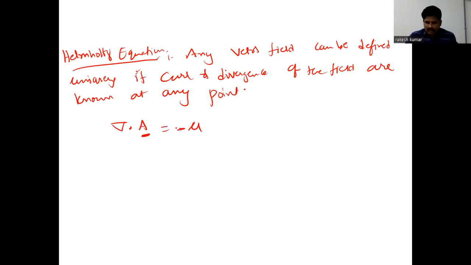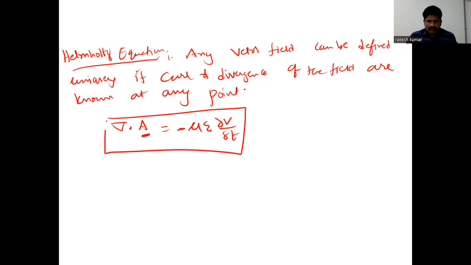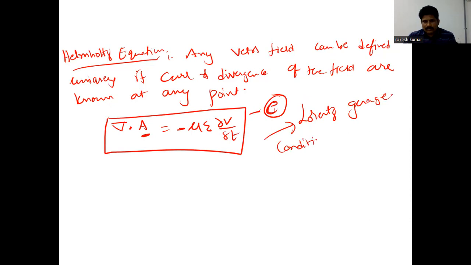So it is minus mu epsilon into del V by del t. This is a very important equation. Let us consider this as expression E. This is the Lorentz gauge condition for potentials.